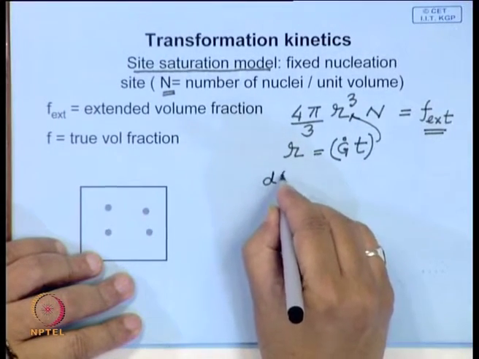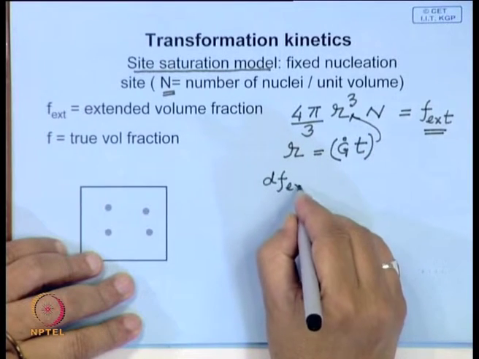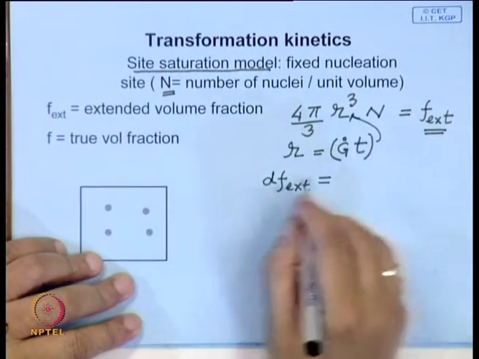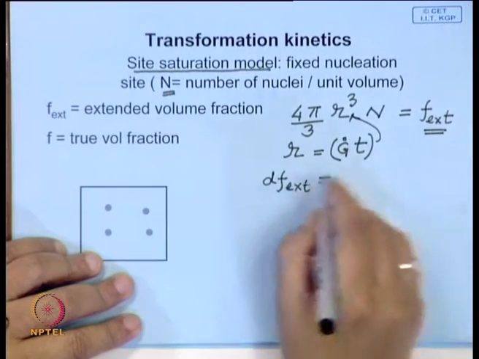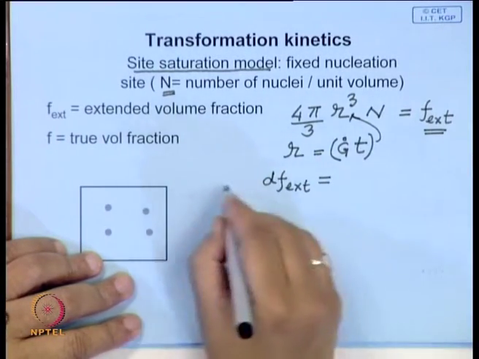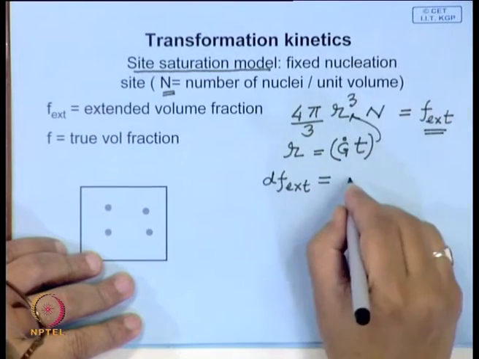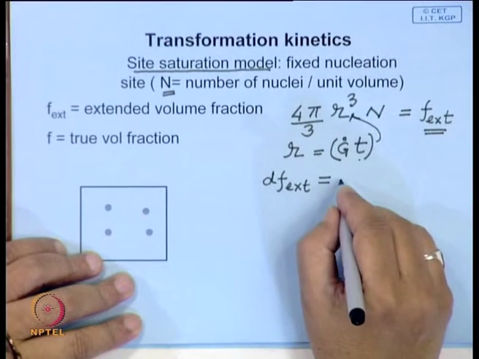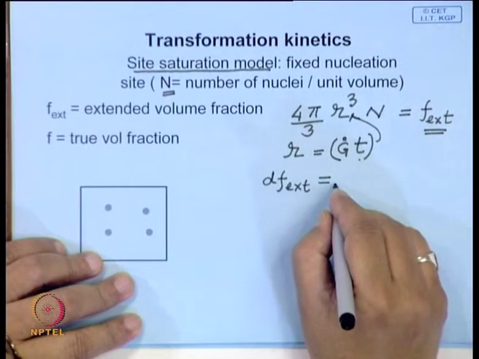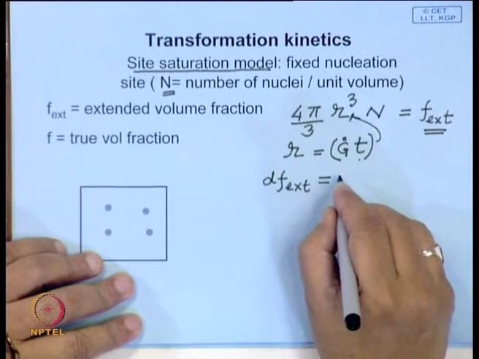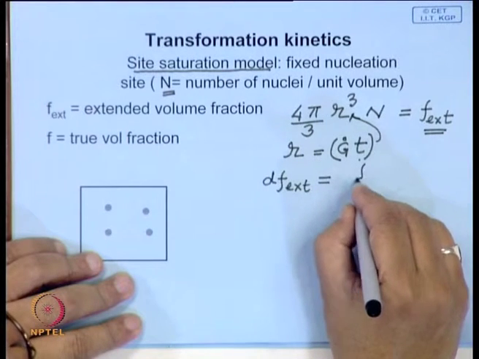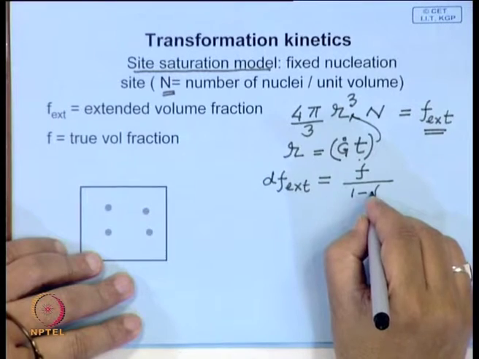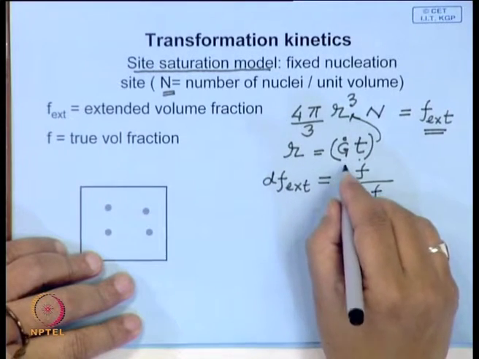Now, to get d of the extended volume fraction, what you need to do is differentiate this expression. This is a function of time, you differentiate, and this we know is equal to df over 1 minus f.